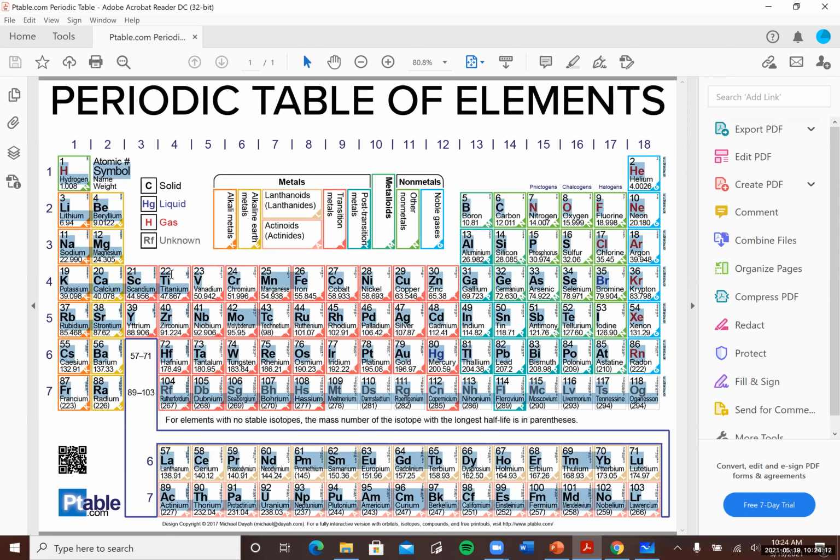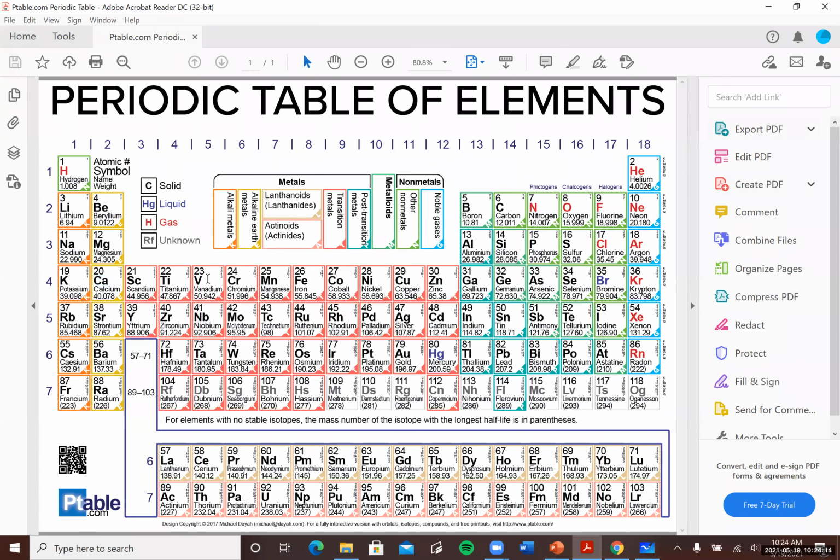So it has 1, 2, 3, 4, 5, 6. So it's a D6. And so you need to get used to calculating the number of d electrons that are in these complexes. Any questions on that?